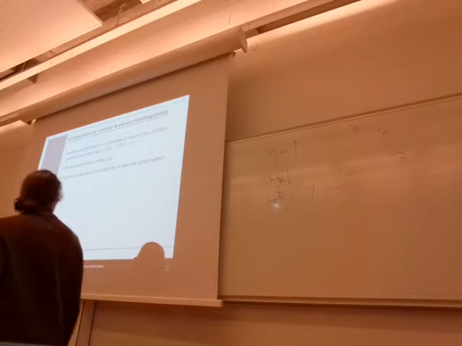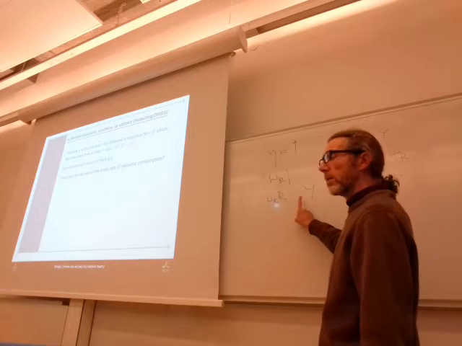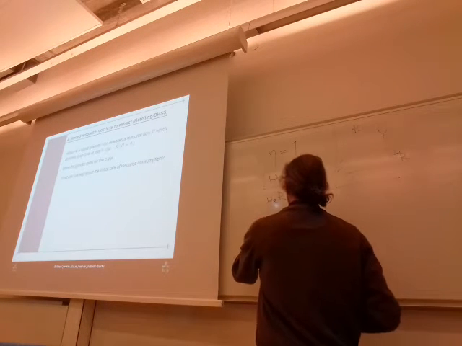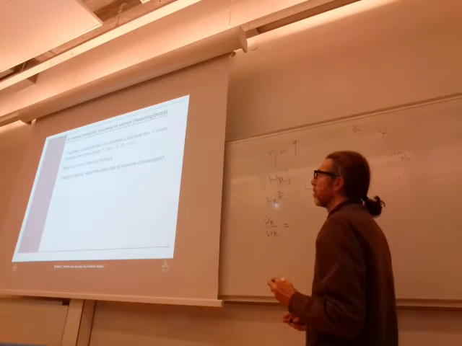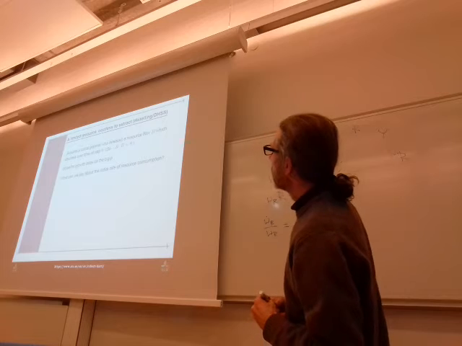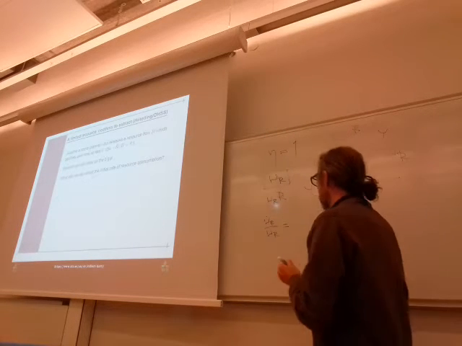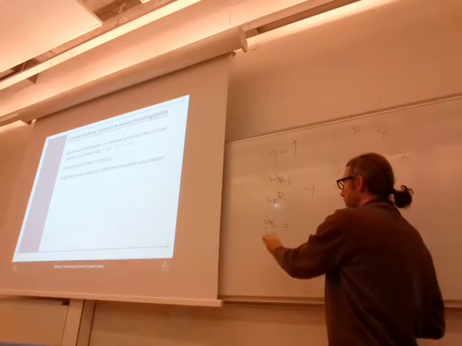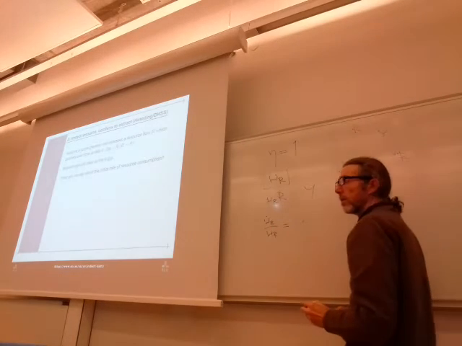Given this constant share result, Hotelling tells us that WR dot over WR is equal to what? That's equal to the interest rate, isn't it? The resource price has to grow at the interest rate.